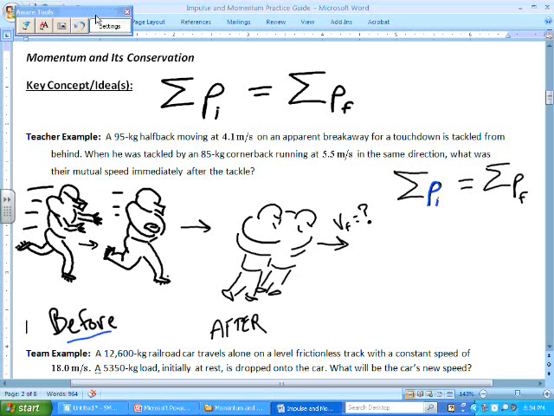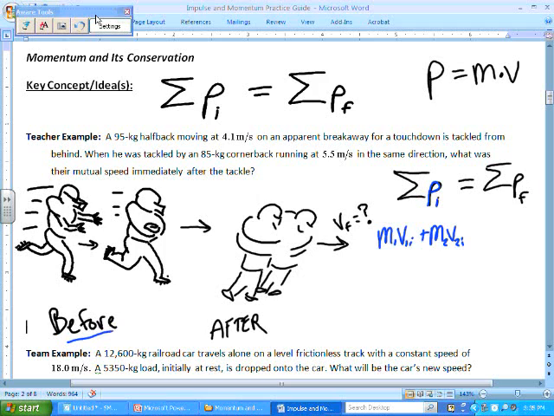Just to remind us, momentum is quantified by mass times velocity. So the initial amount of momentum should be m1 v1 initial plus m2 v2 initial for the two players.